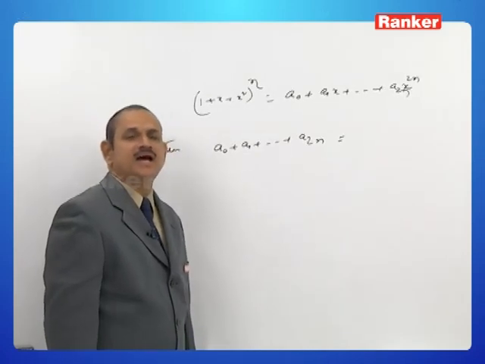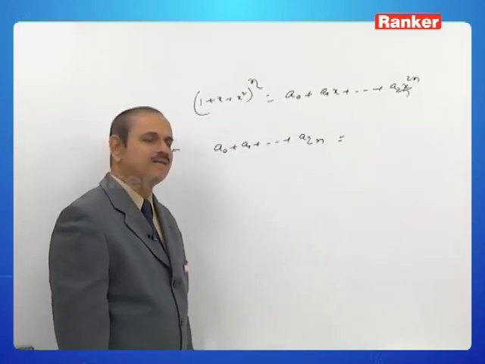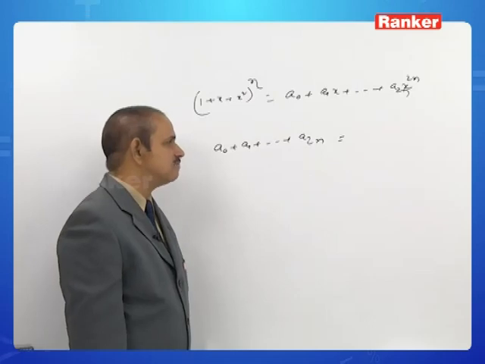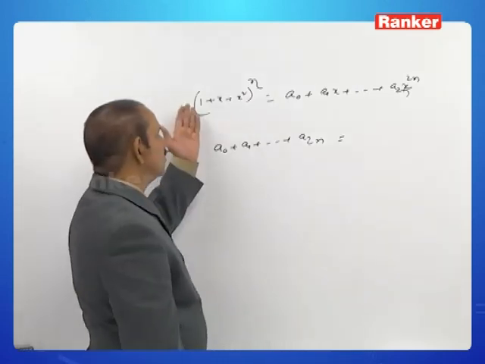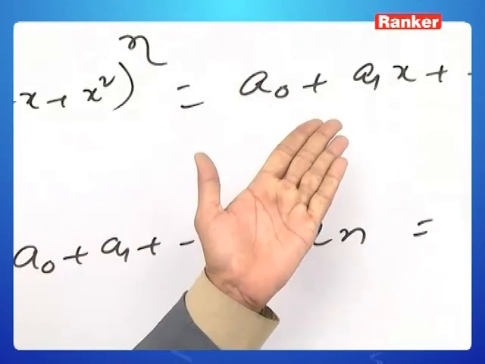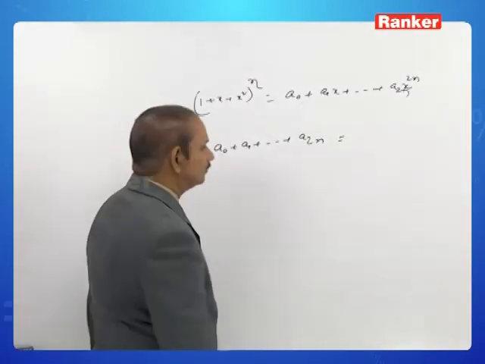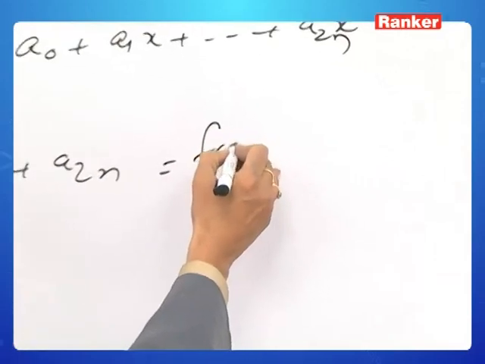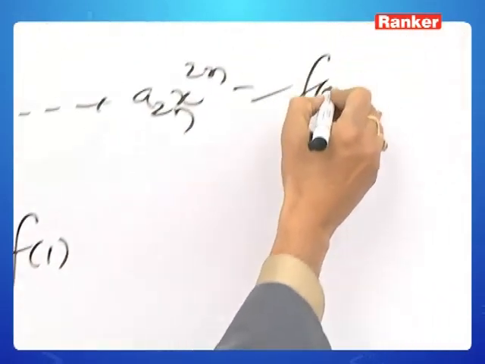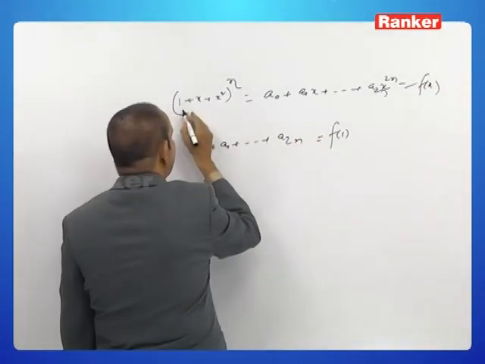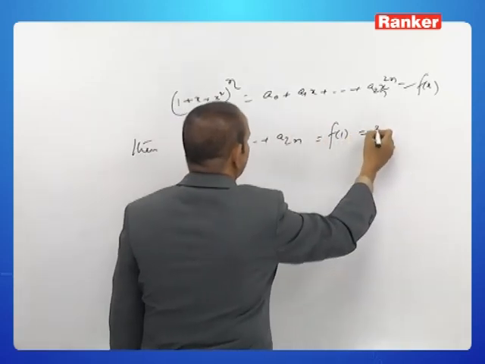Let us recollect the habit of obtaining such sums of coefficients. If you consider this to be some f(x), the sum of all the coefficients is f(1). What is f(1)? 1 + 1 + 1, 3 to the power n.